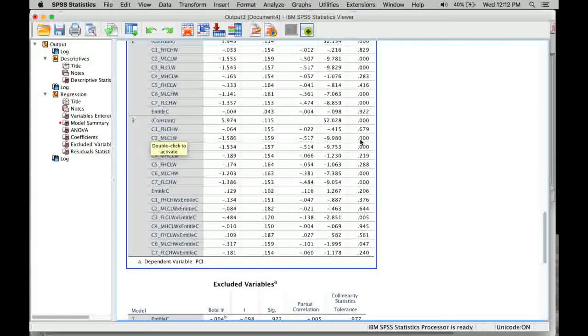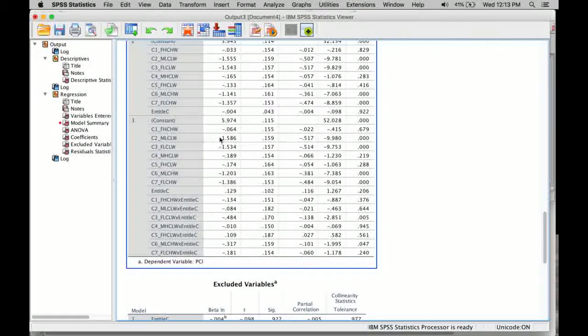So if you were in group 2, so a male with low competence, low warmth, compared to the reference group, which is the male high competence, high warmth, people who are males low competence, low warmth, have a lower PCI score, which makes sense, compared to the males with high competence, high warmth.